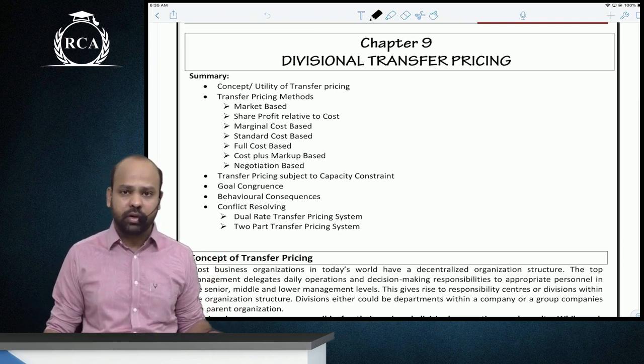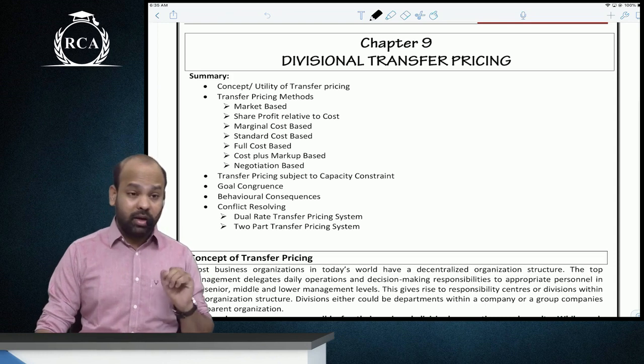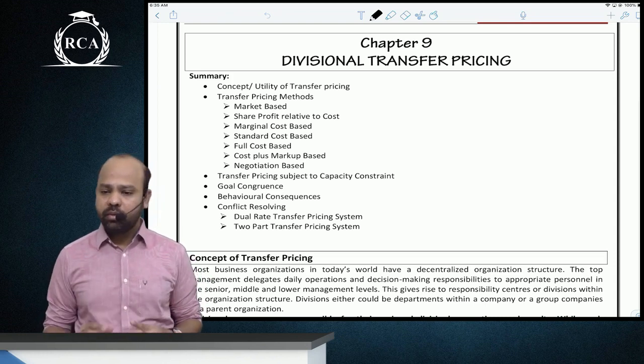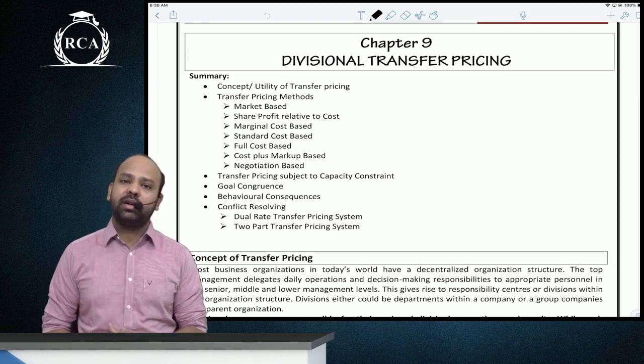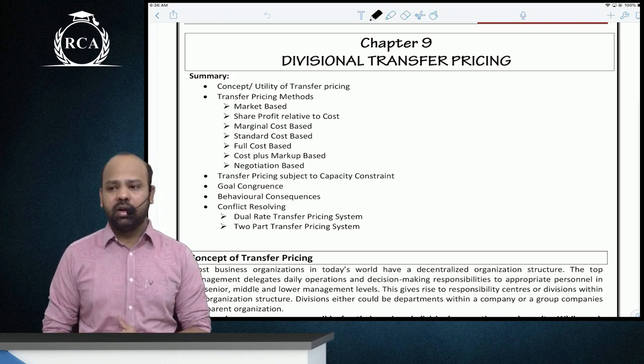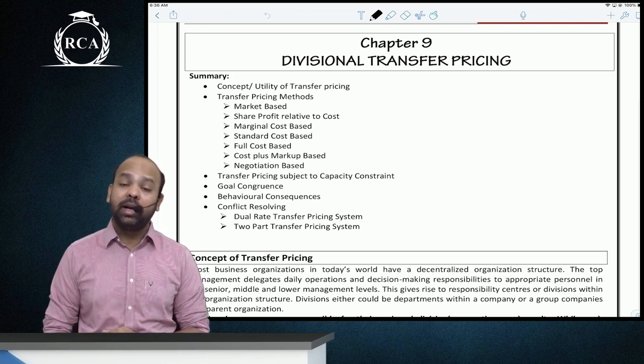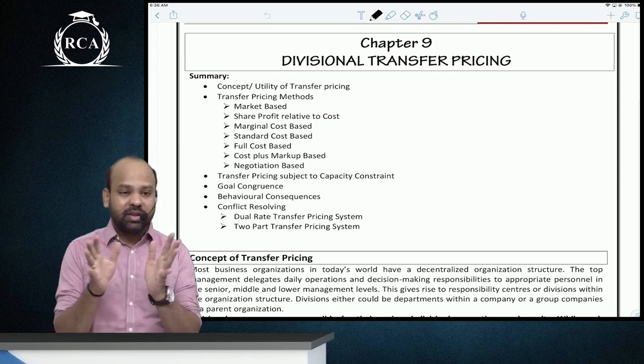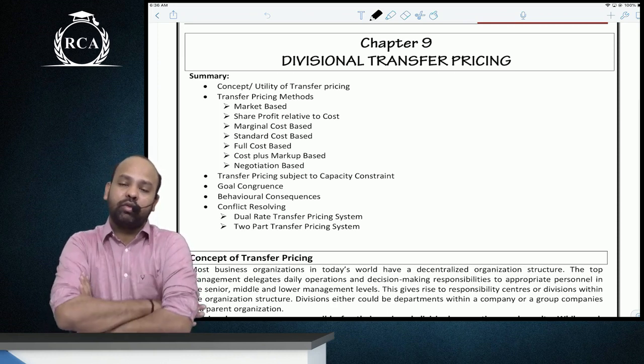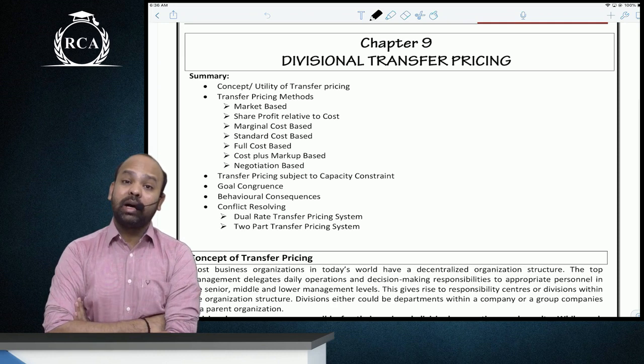So why do we have this chapter now? These divisions need not work independent of each other. There can be a certain amount of transactions that occur between these divisions.